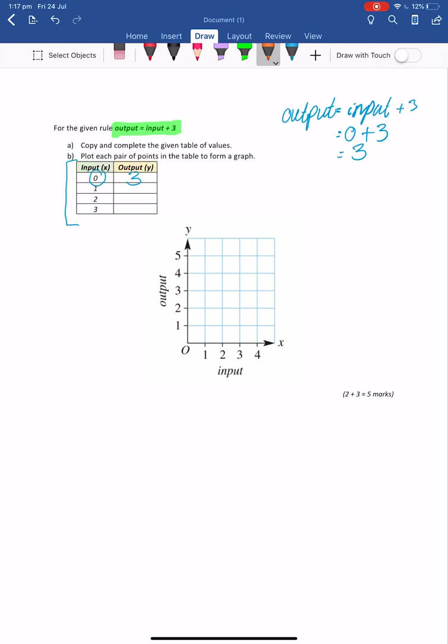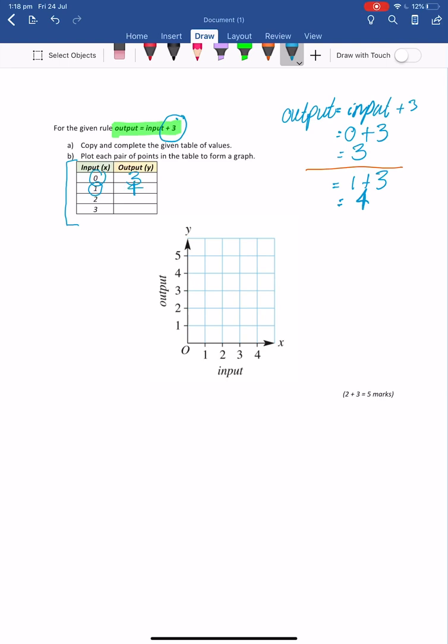The next one is 1, because my input here is 1. Output equals 1 plus 3, because it tells me to add 3, just like my rule says. Okay, this adds to 4. I put 4 here.